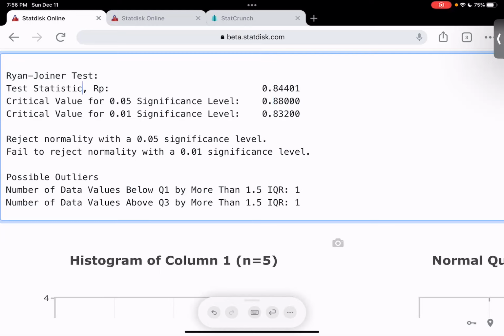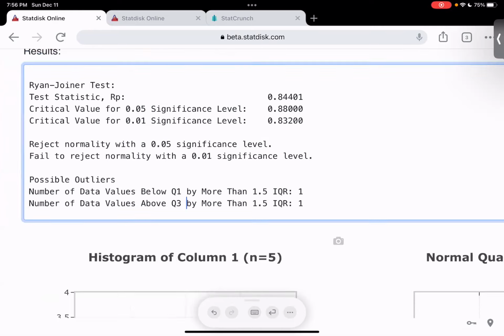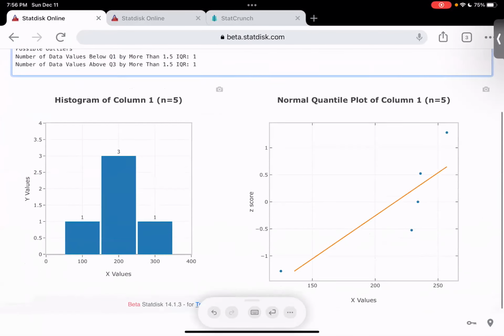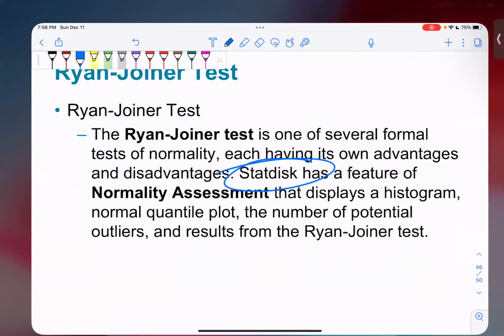The test statistic must be greater than 0.88 if we use alpha 0.05. So now we reject the normality when we have alpha equal 0.05. But if we have alpha equal 0.01, we might say, okay, yes, this is a normal distribution. This data is coming from a normal distribution.